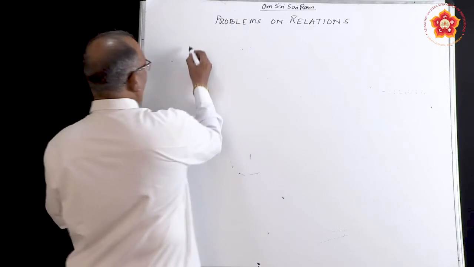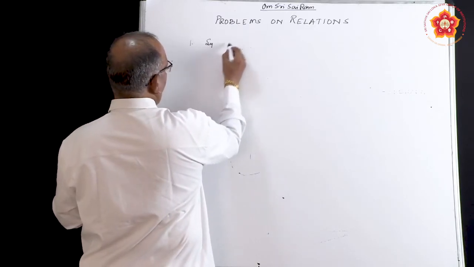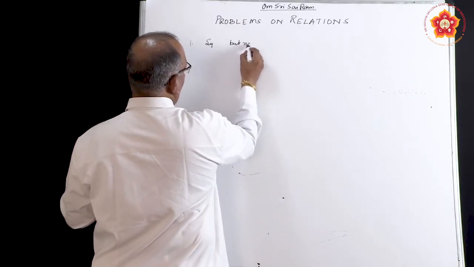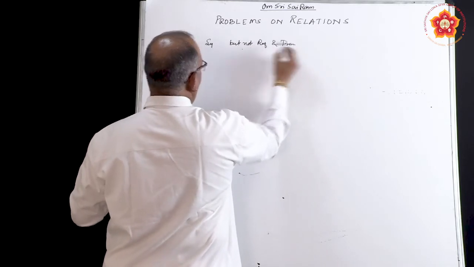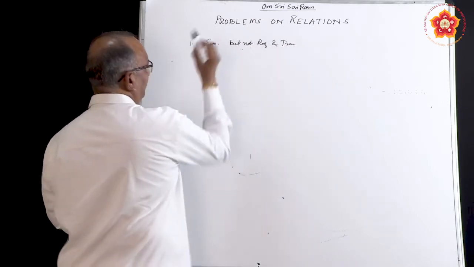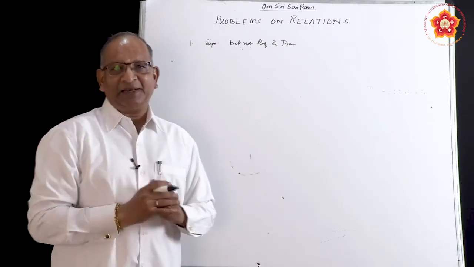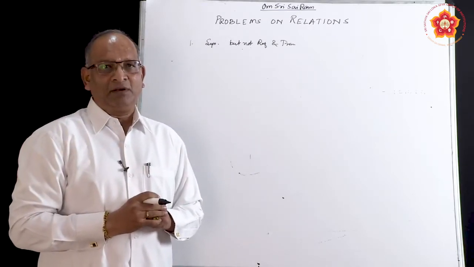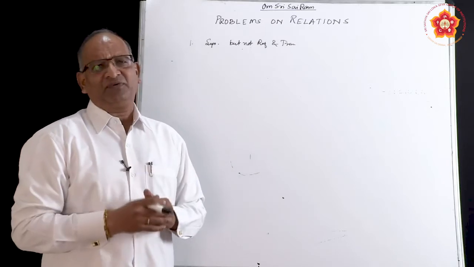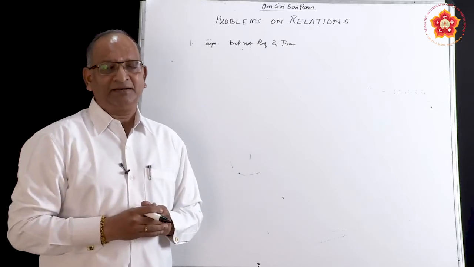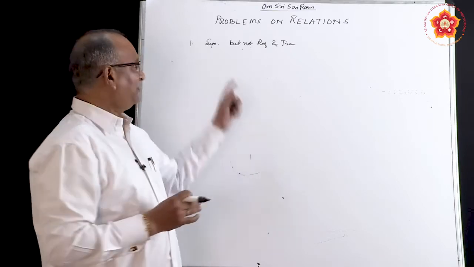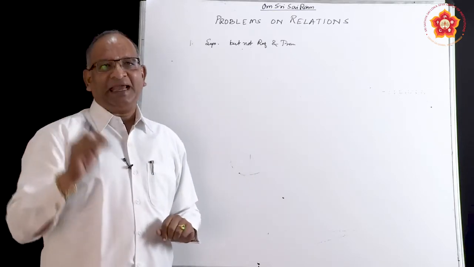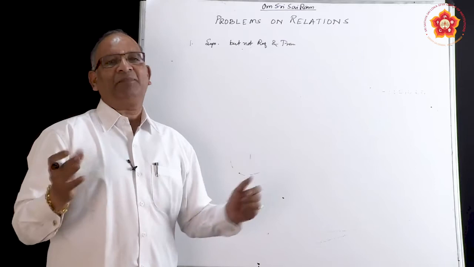He says the first one is symmetric but not reflexive and not transitive. Any example can be given, but the easier way of writing the answer we will learn while doing the problem. For example, for this you can say L1 and L2 are two lines which are perpendicular.